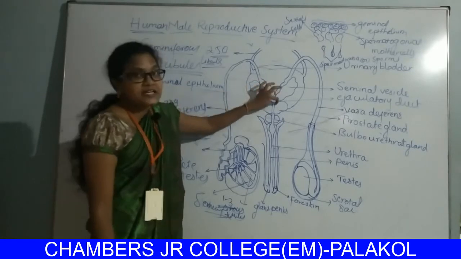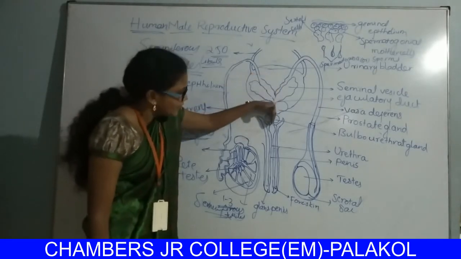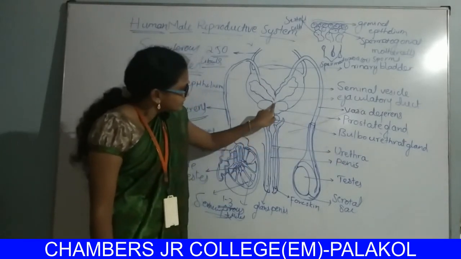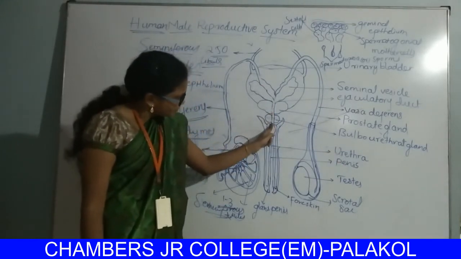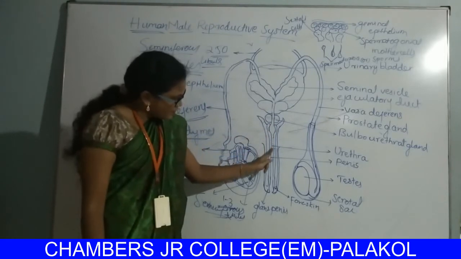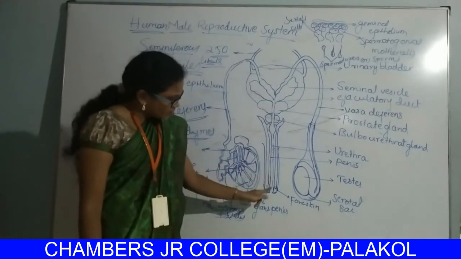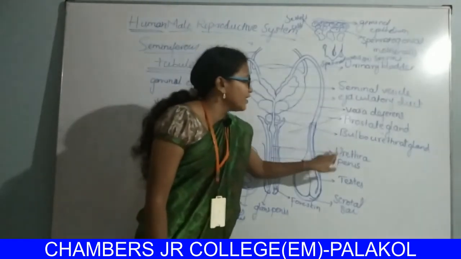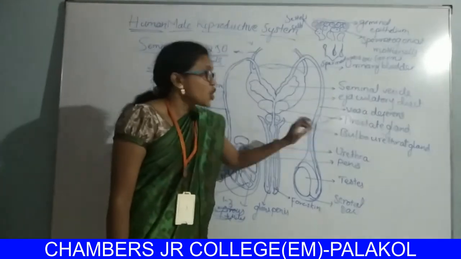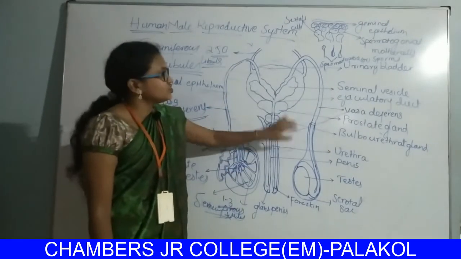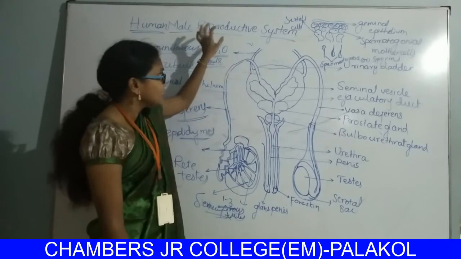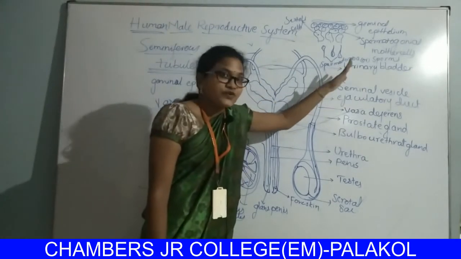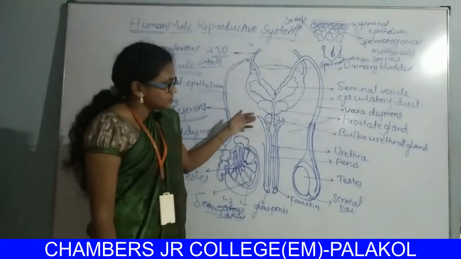This ejaculatory duct opens into the urethra. It's a long, middle, narrow cavity called the urethra. So the urethra is a common passage for the urinary system and the reproductive system.